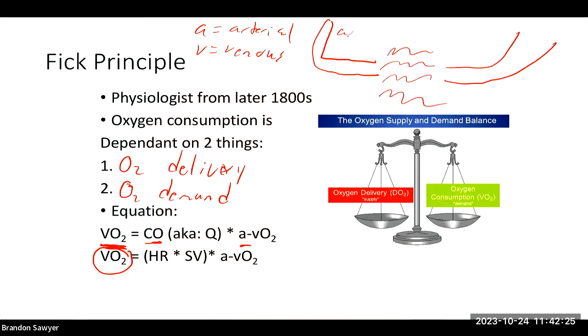So this is artery, this is veins. If we come in with 100 mils of oxygen over here, and end up with only 80 mils of oxygen over here, that means we extracted 20 mils of oxygen, and that would be our AVO2 difference.